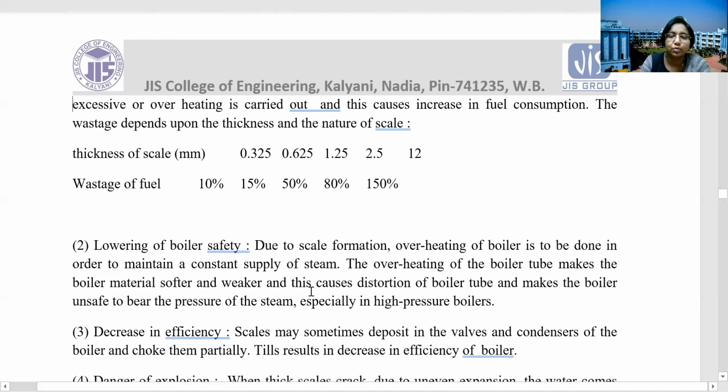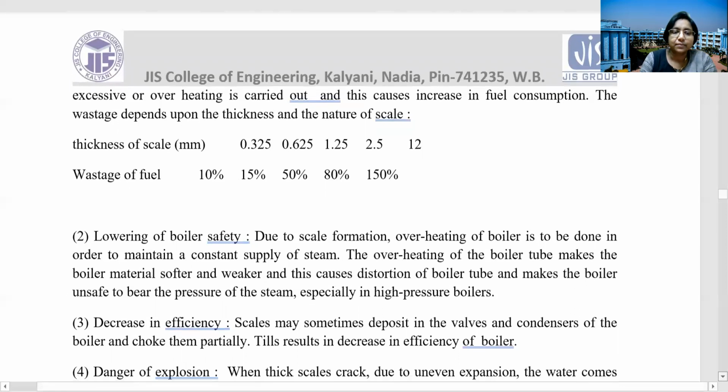Another effect is lowering of boiler safety. Basically, if scale is formed, then cracks are created. If water passes through these cracks, it will suddenly be vaporized and create very high temperature and high pressure suddenly, so the boiler may burst. That is very dangerous.